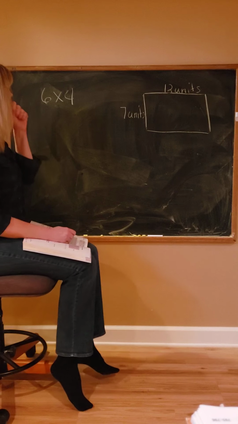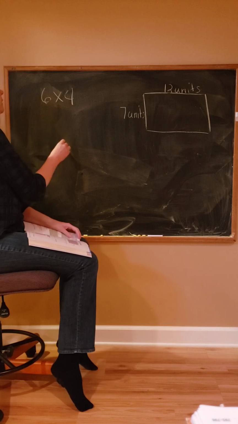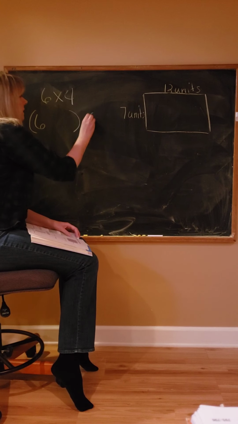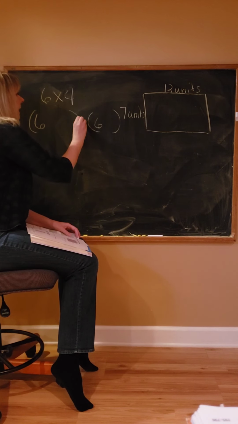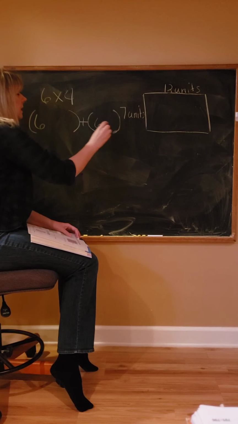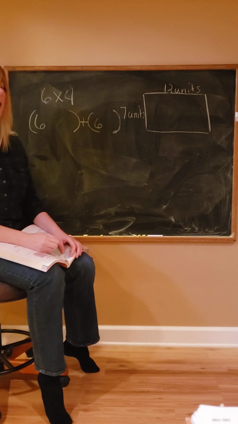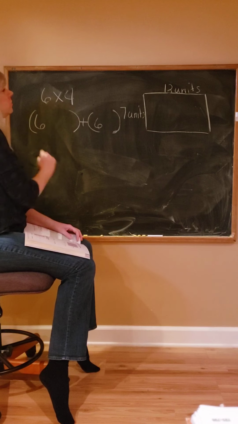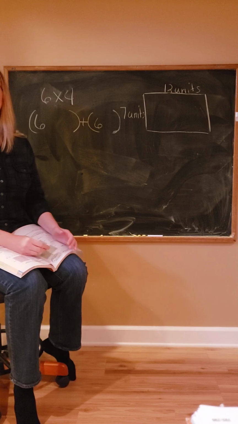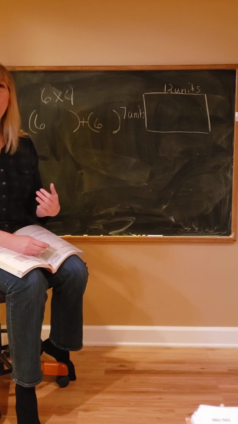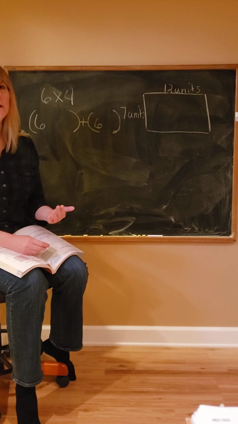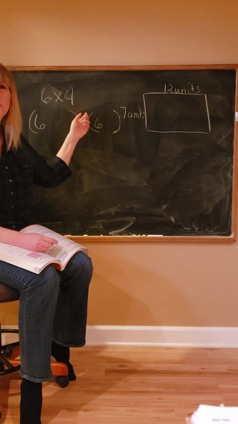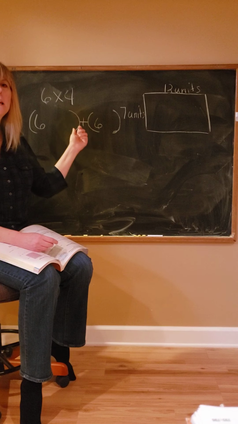With the distributive property, I'm going to use parentheses and rewrite one of my factors that is in my multiplication problem. I'm going to keep the 6, and I am going to decompose the 4. What that really means is that we are going to find two numbers that we can add together to get 4.